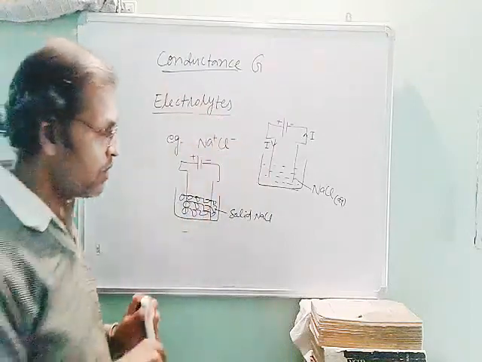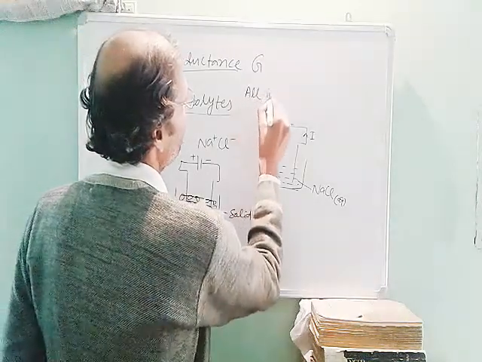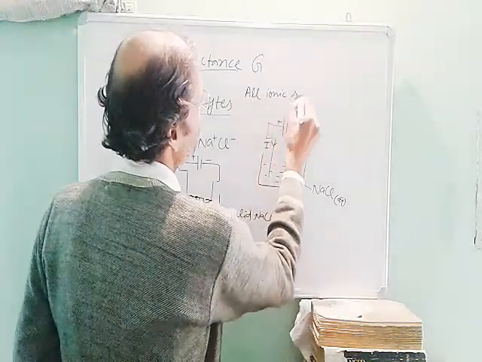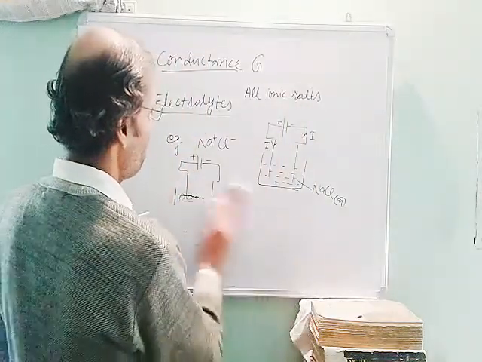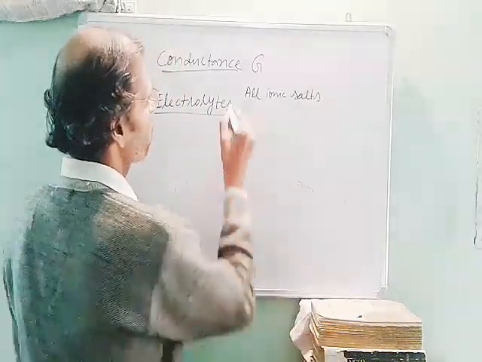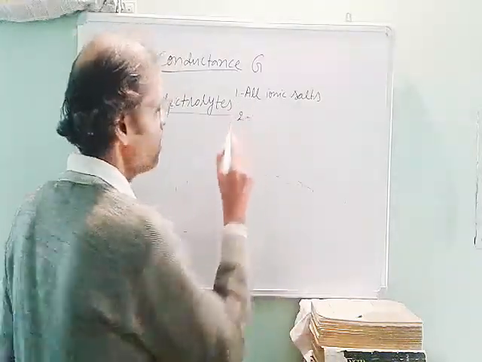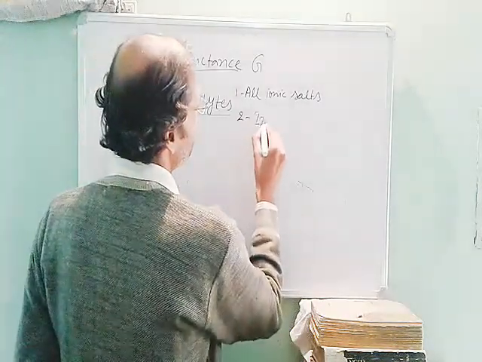Now, what are the examples of electrolytes? All ionic salts are examples of electrolytes. Then mineral acids or inorganic acids.